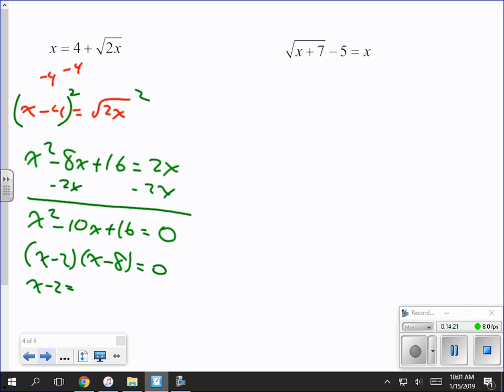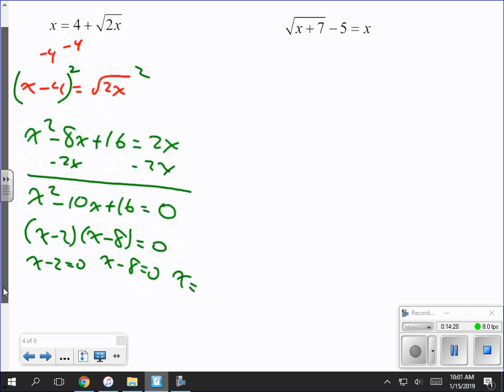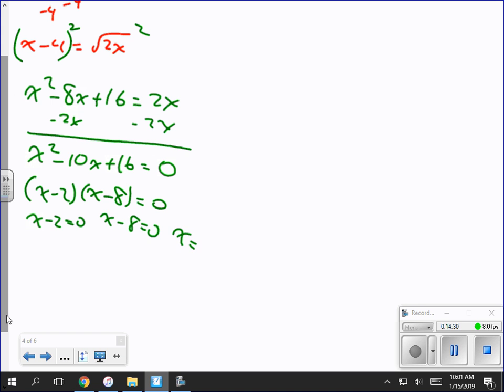X minus 2 equals 0. X minus 8 equals 0. So I get x equals 2, x equals 8. Two answers, and I need to check them both.